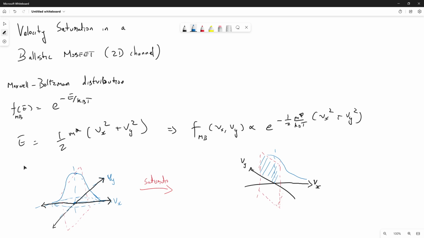Since there are no more charges, the velocity cannot increase any further. And that is why saturation occurs in a ballistic device. Okay, so velocity saturation is essentially what leads to the saturation mode in a ballistic device.